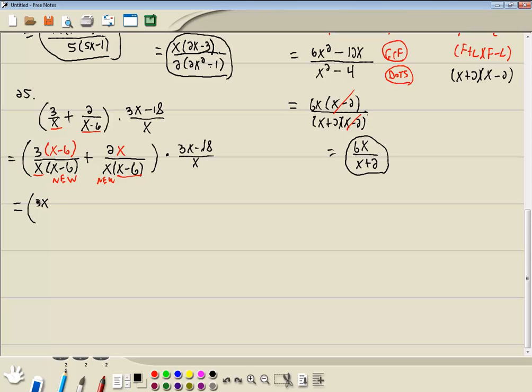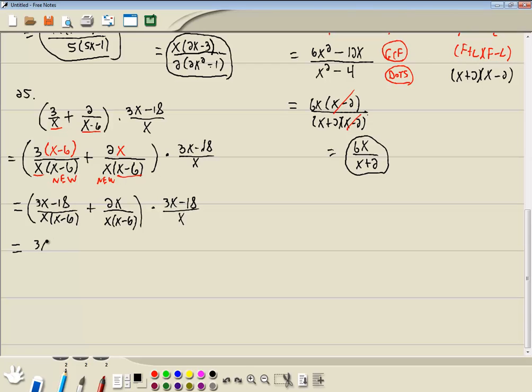Okay, 3 times x is 3x. 3 times negative 6 is negative 18. Over x times x minus 6 plus 2x over x times x minus 6 times 3x minus 18 over x. Now we have the same denominators. We want to add or subtract the top parts.